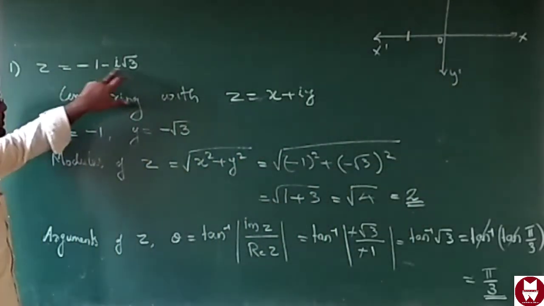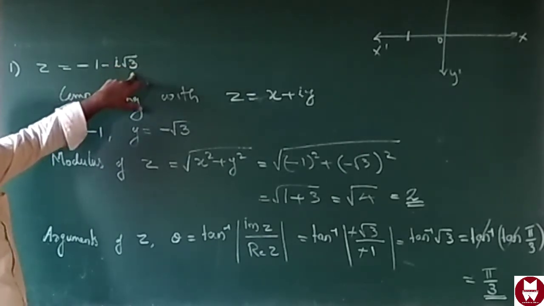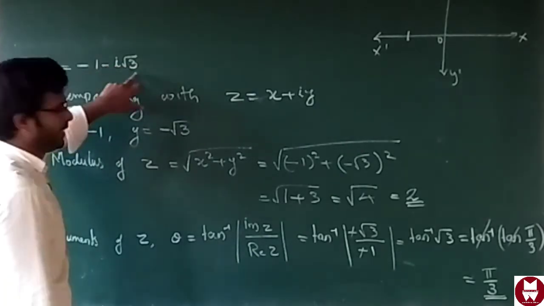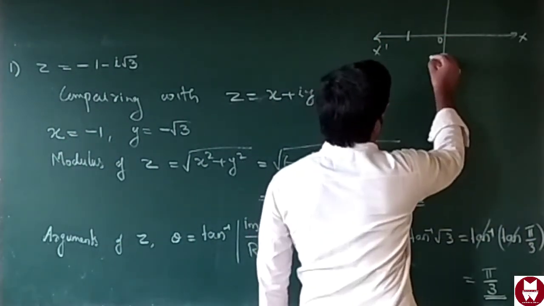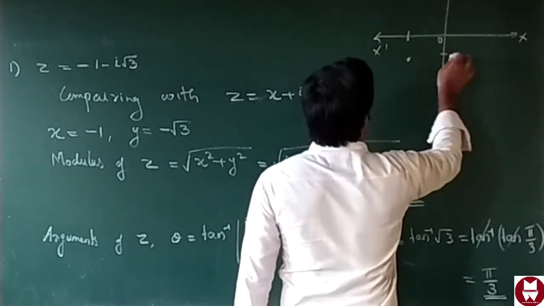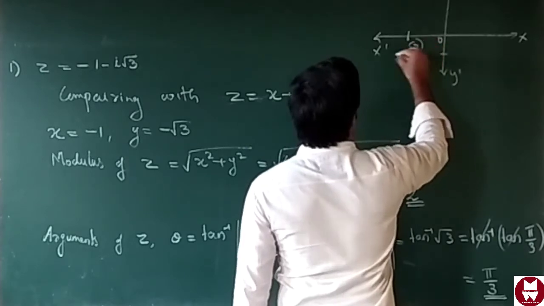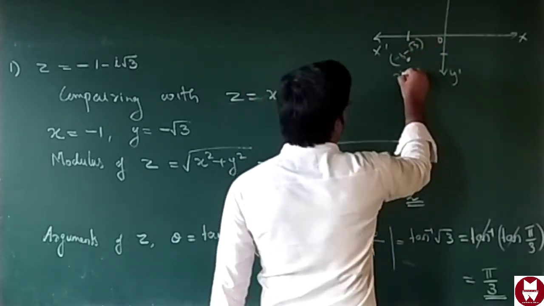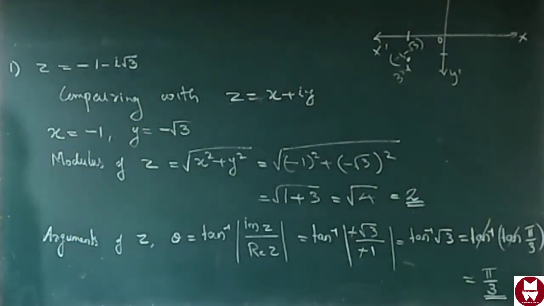Minus root 3 represents the y value, the imaginary axis only, isn't it? That means this minus root 3 will be on the downside of 0 in here. Then joining these two points you will get -1 minus root 3. In which quadrant? This is the third quadrant. The given complex number is in the third quadrant only.